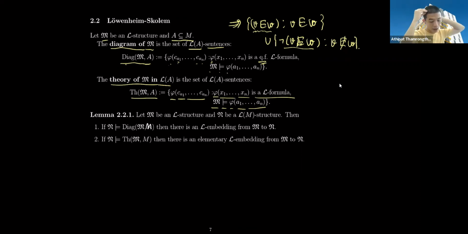Okay, and here we can have that, let M be an L structure and N be an L_M structure. Then if N satisfies the diagram of M in the constants of M, then there is an L embedding from M to N. Or in this case, you can imagine that M can be embedded in N, or M is a substructure of it.